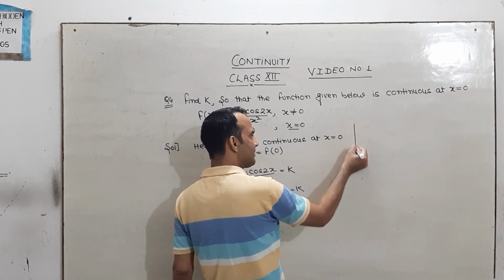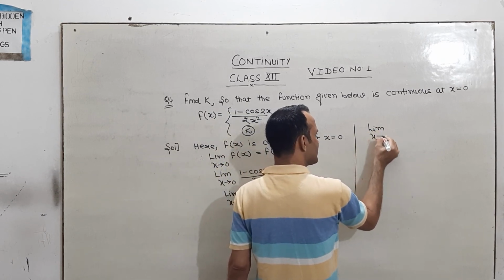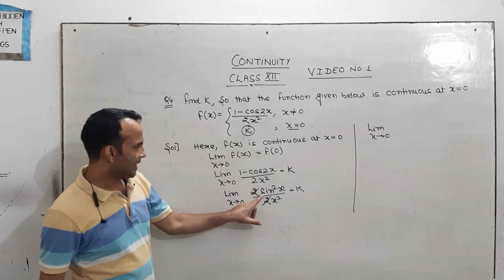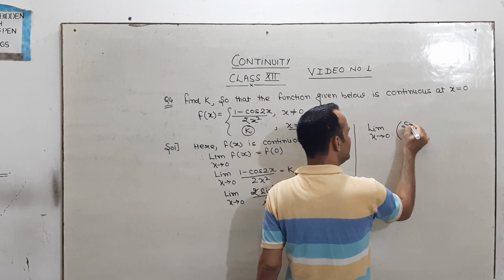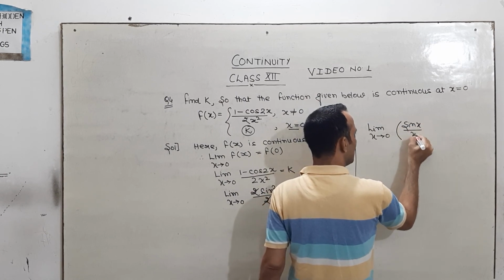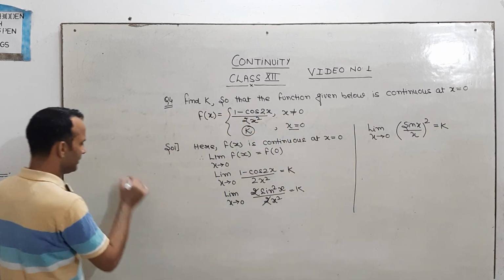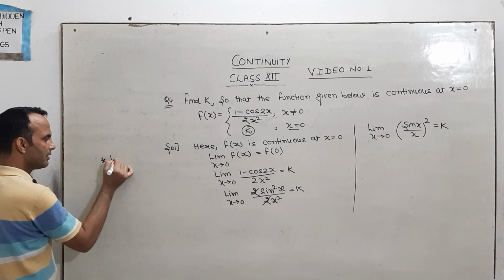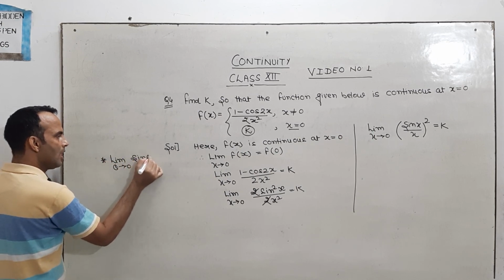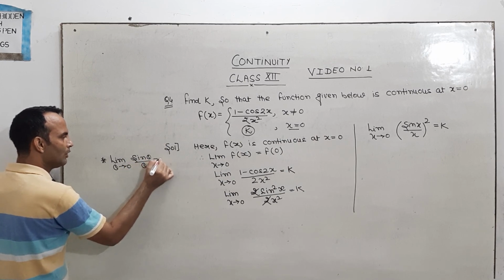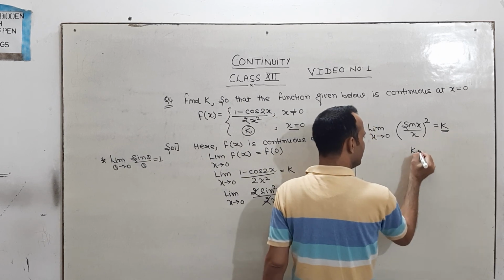Dear students, in the next step I can write limit x tends to 0, sin square x upon x square can be written as (sin x upon x) whole square is equal to k. And we know this concept that whenever theta tends to 0, sin theta upon theta is always equal to 1. So dear students, the value of k is what? 1.